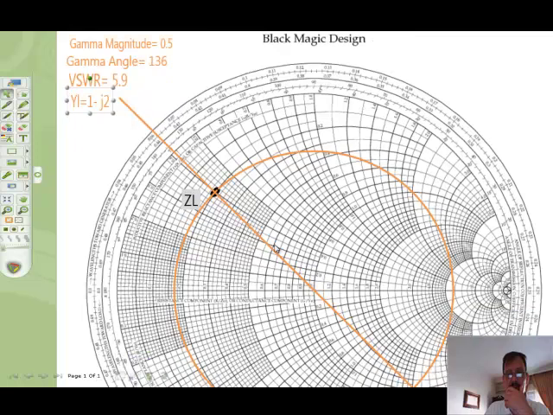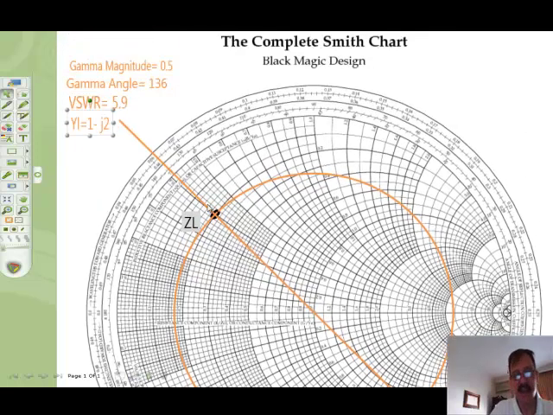Now we need to know Zin. Now we know the distance that we have to move from the load, which is there now, towards the generator, because there is no other way you can go except towards the generator, since you are at the load. So we move on this scale, which is wavelengths towards generator, from ZL.